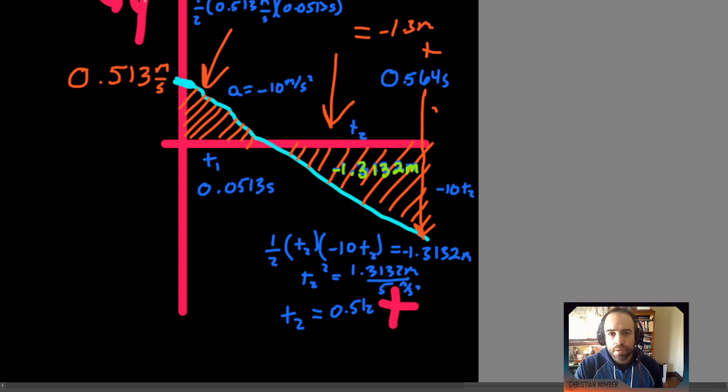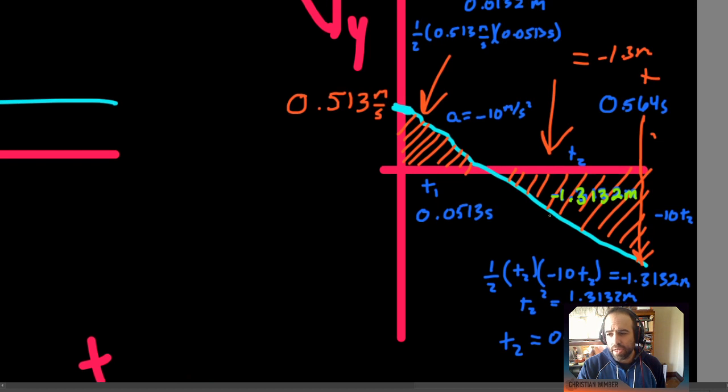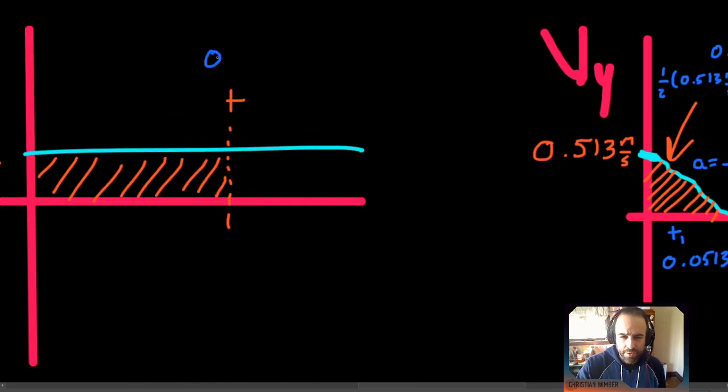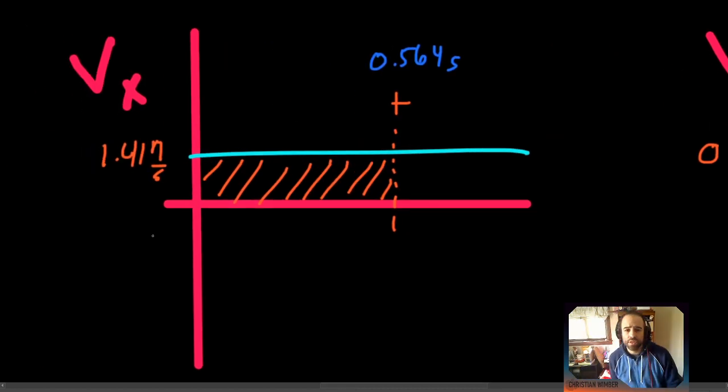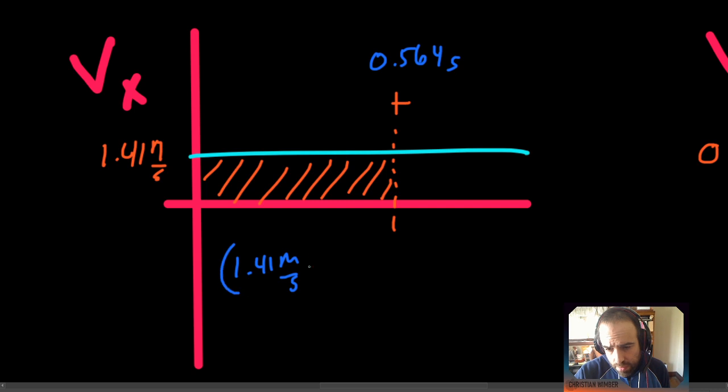All right, so let's move on and now solve over here. We know now that this thing lands at 0.564 seconds. So we have a rectangle. We know that it's 1.41 meters per second tall, 0.564 seconds wide.